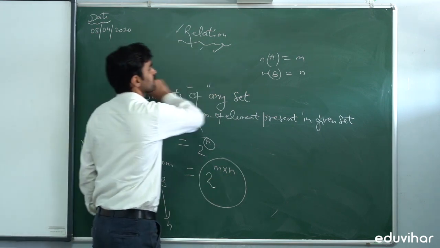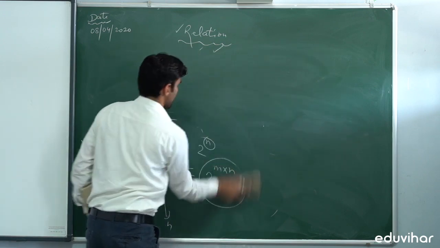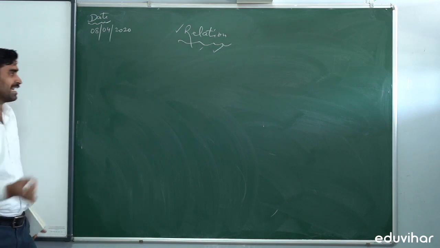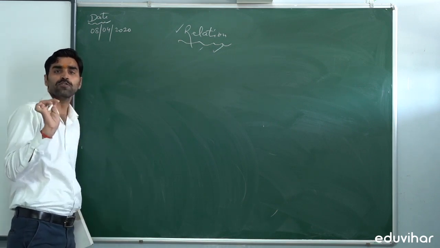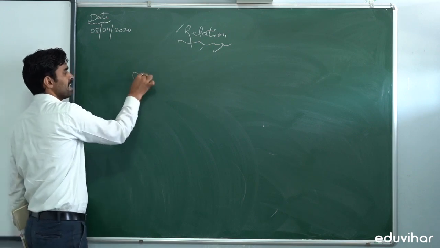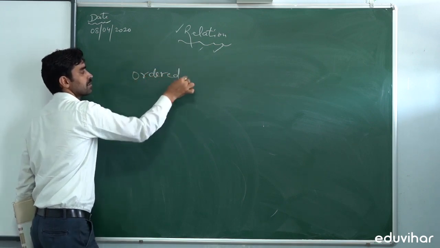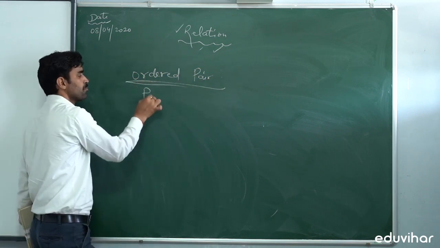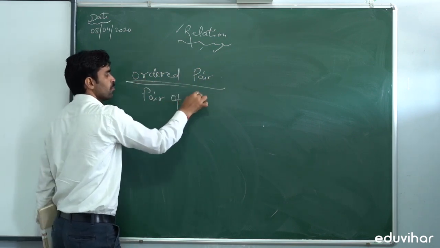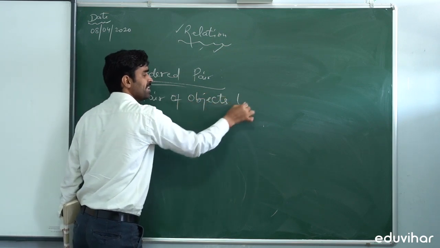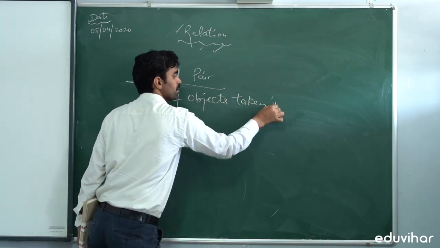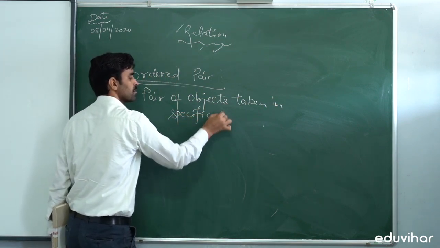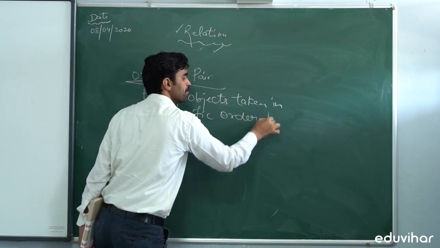Now we will discuss ordered pairs, because in the case of the Cartesian product we always write a relation in the form of ordered pairs. An ordered pair is a pair of objects taken in a specific order.